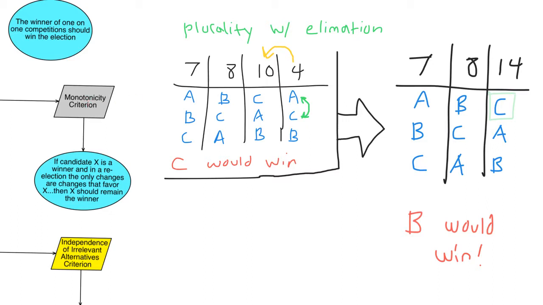Because you might be asking, why are we using the plurality with elimination method when clearly it will occasionally violate the monotonicity criterion? Well, part of the answer is that there is no voting method that doesn't violate some fairness criterion. So that's important to keep in mind.